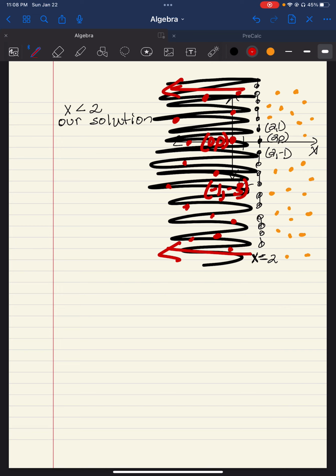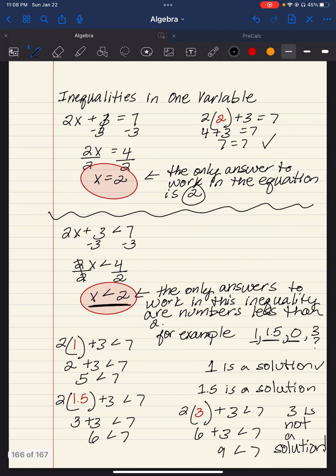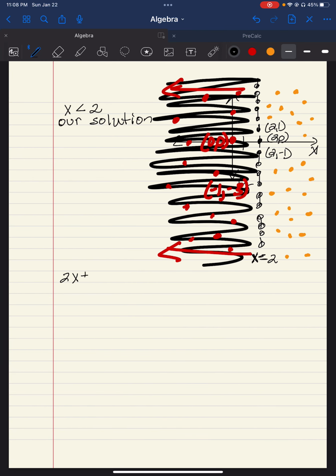Now, this is dealing with the solution in 2 dimensions, but sometimes you don't have to worry about 2 dimensions. In our original inequality, 2x plus 3 is less than 7, we ended up solving it and getting x is less than 2. And when we did that, you could graph it just on a number line dealing with x's, like a horizontal number line, and not draw the entire coordinate plane.